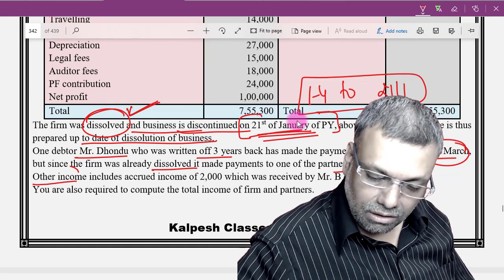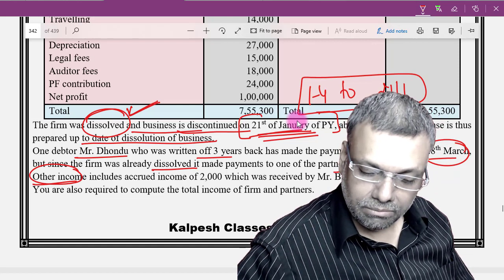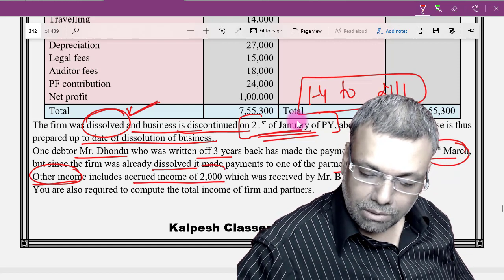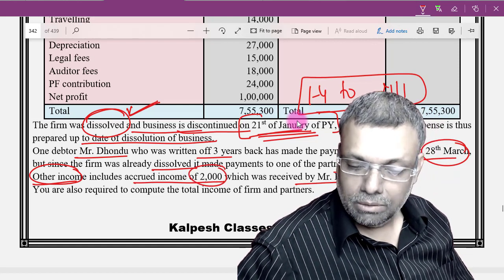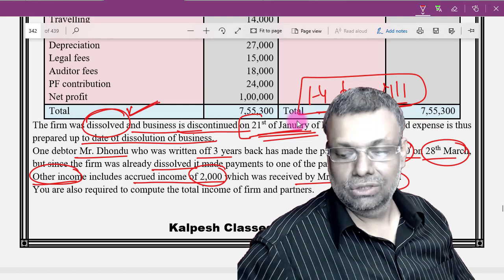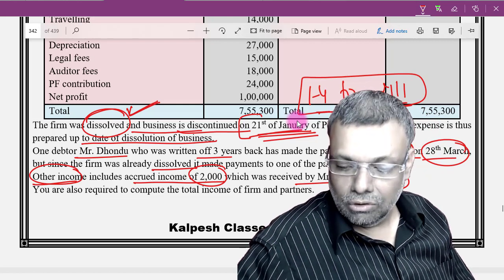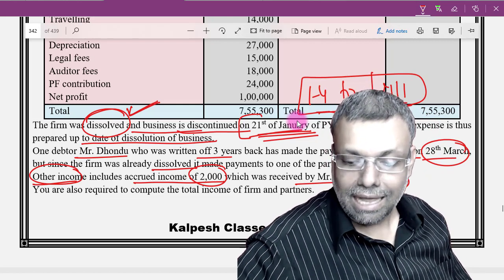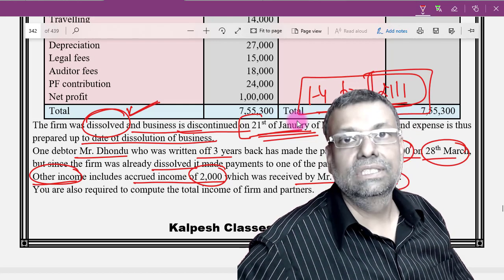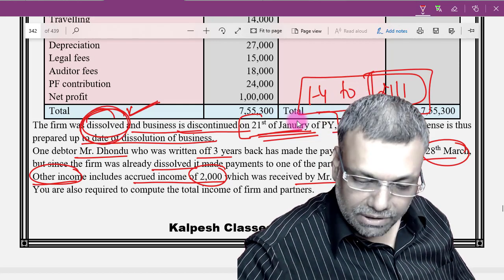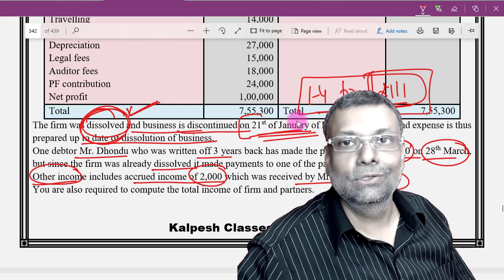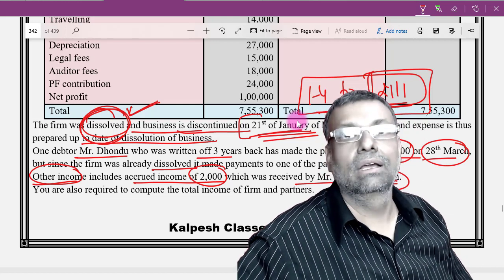Now other income, that means other sources income, includes the accrued income of 2,000 which was received by Mr. B on 29th of March. But this is also a receipt transaction which is happening after 21st of January. That means after the firm is dissolved, some transactions are being undertaken.